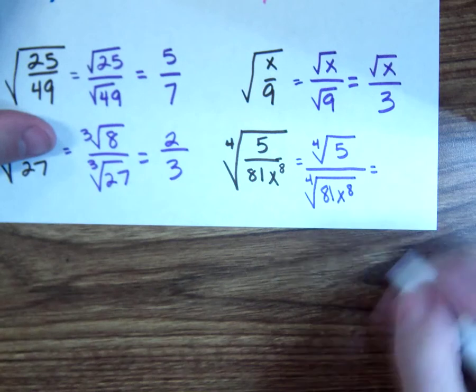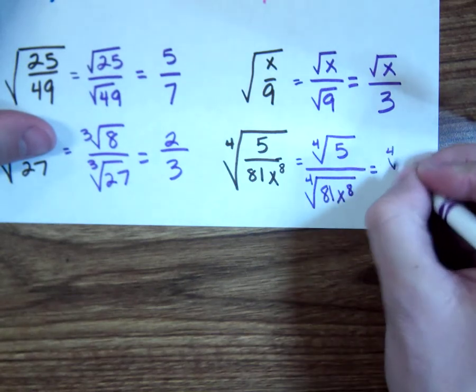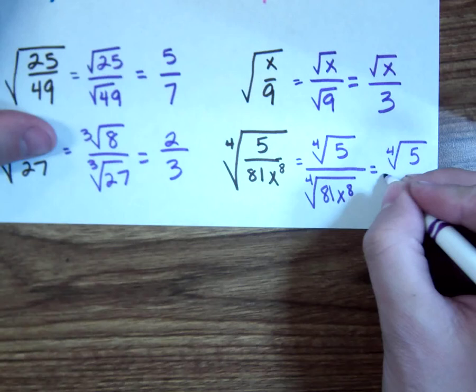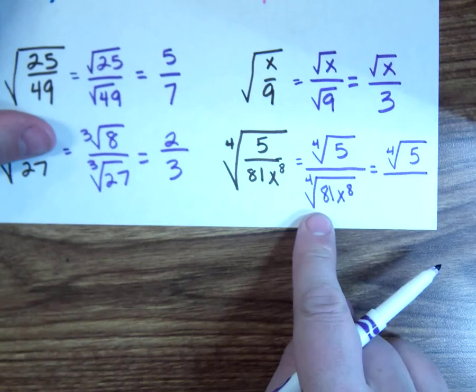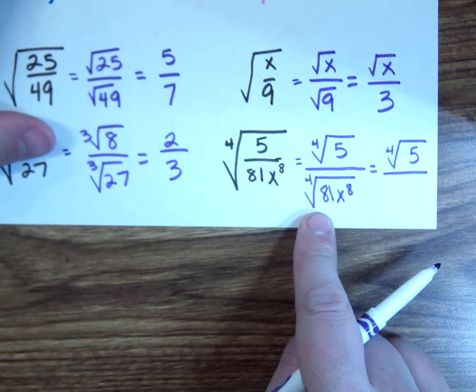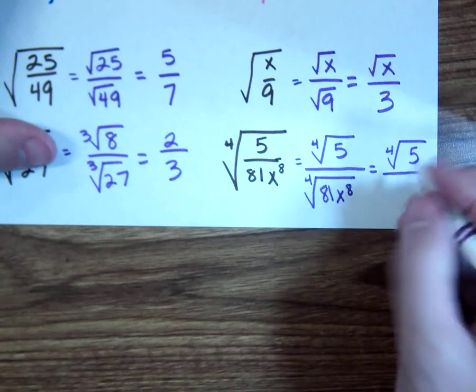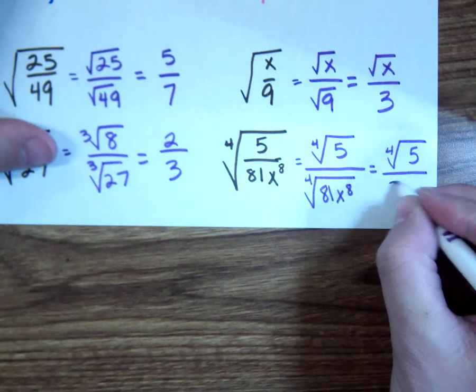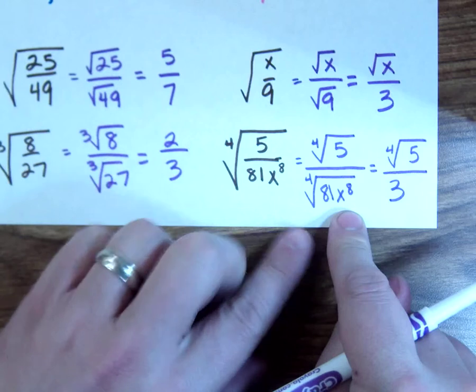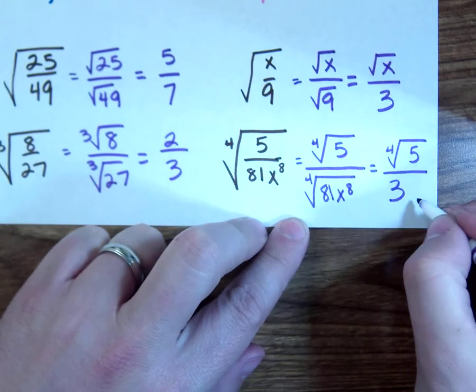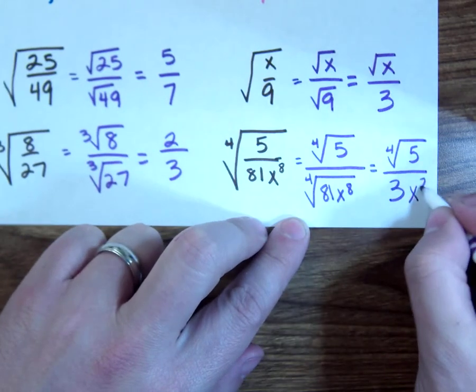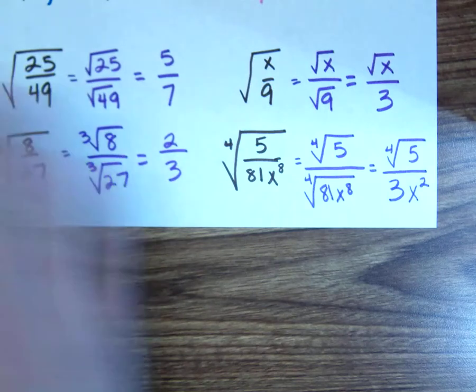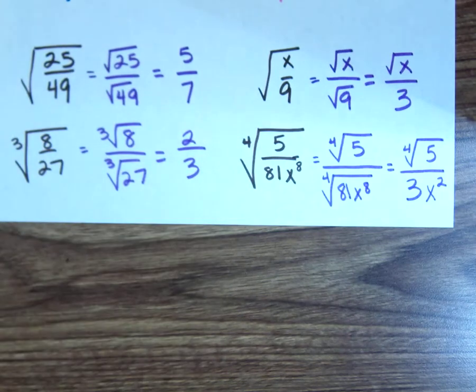The fourth root of 5 cannot be simplified, but the fourth root of 81x to the 8th can be. What's the fourth root of 81? 9? That's the square root. The fourth root is 3. And the fourth root of x to the 8th is x squared. Good. So the quotient rule is also pretty easy.